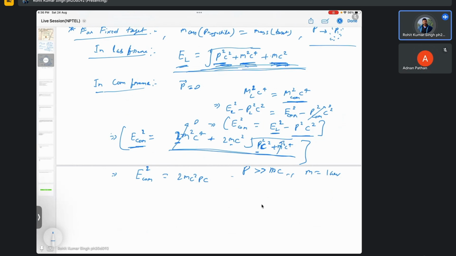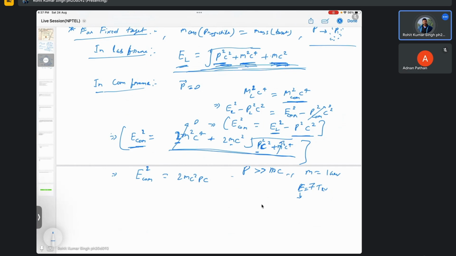Yeah, and we accelerate it to very high energies. Like I told you, at the LHC we accelerate to 7 TeV energy, so you can calculate the momentum corresponding to it.